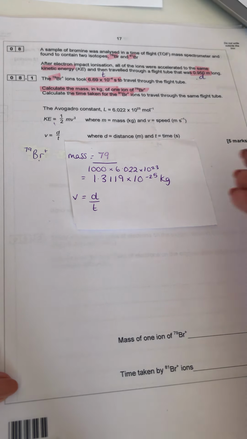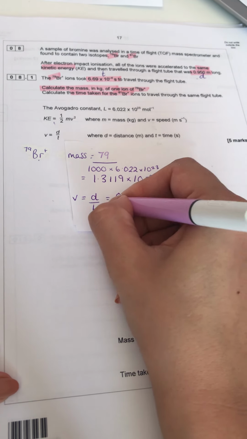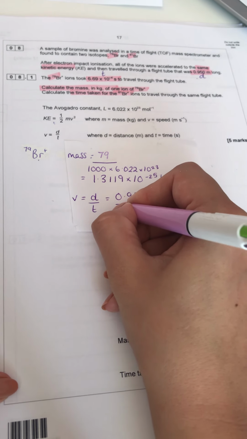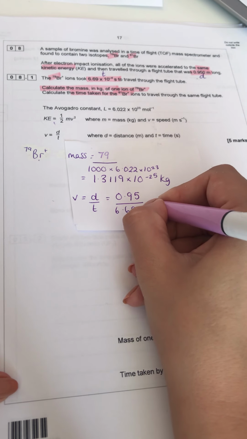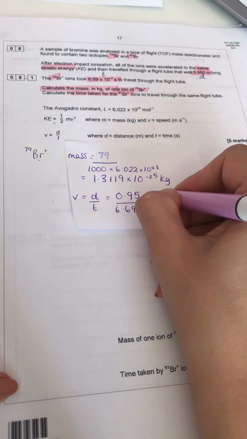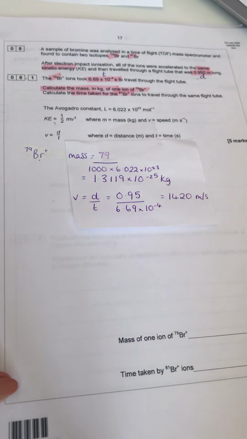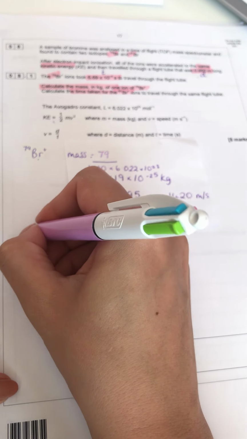So the velocity is going to equal the distance, which we said was 0.95, divided by the time, which was 6.69 times 10 to the minus 4, which tells me that the velocity of those ions is 1,420 meters per second.